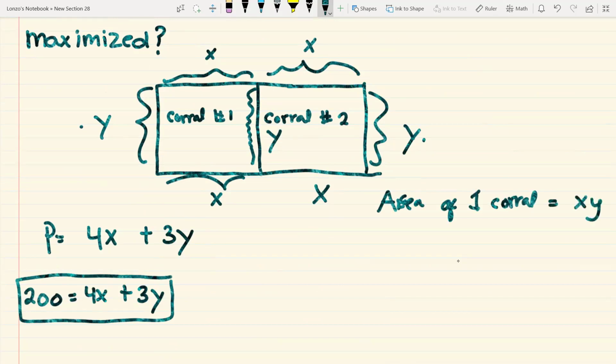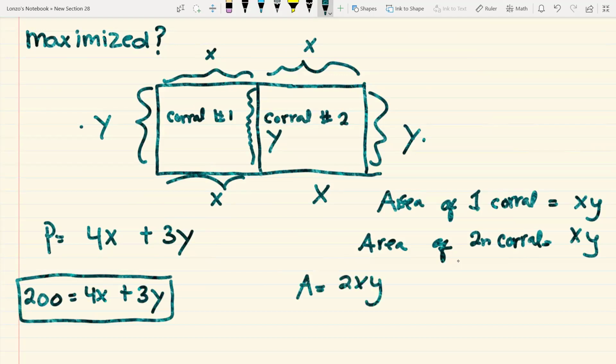And the area of the second corral is also x times y. So the total area of these two corrals would be 2xy, right? This would be my second equation, also my primary, and then the other one would be my constraint.